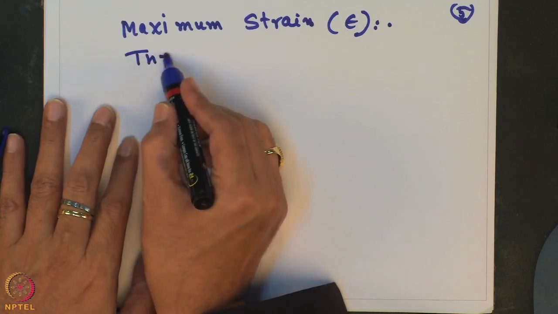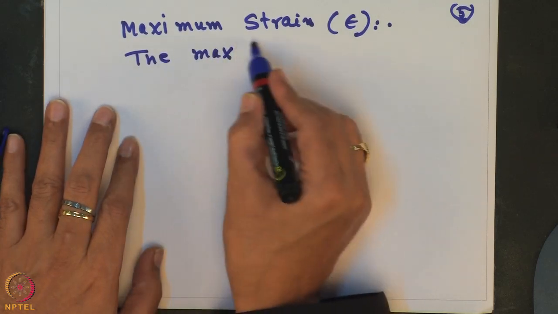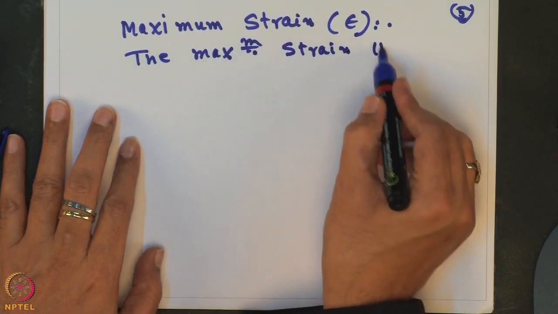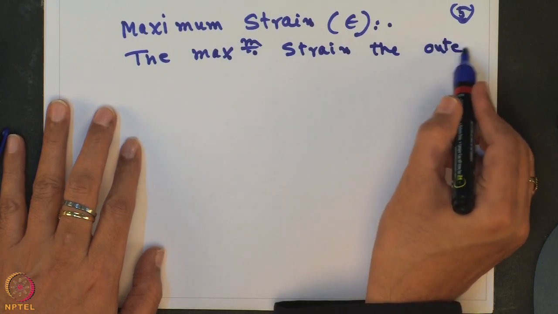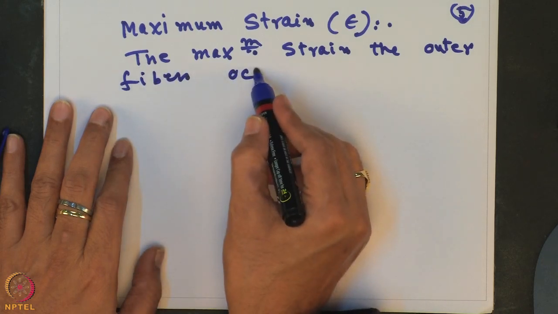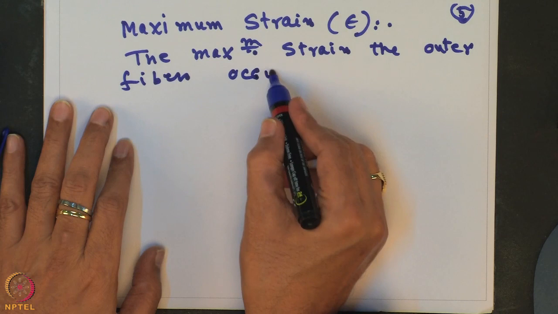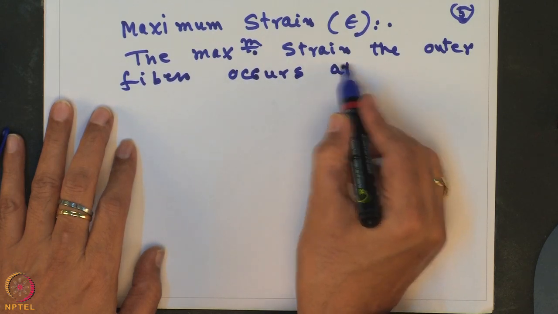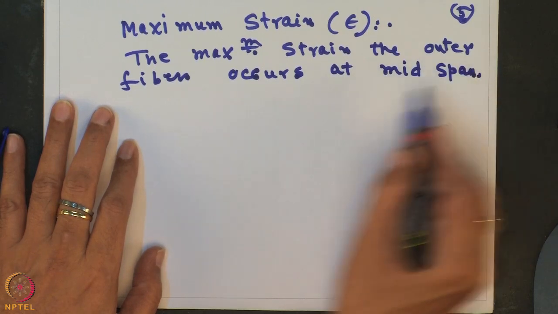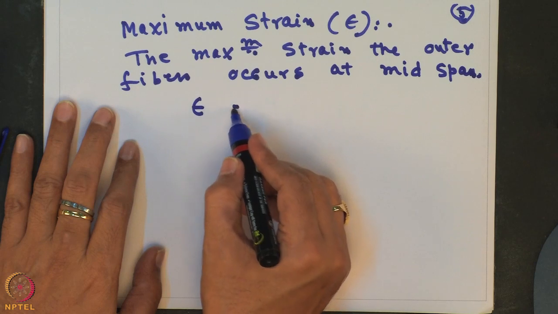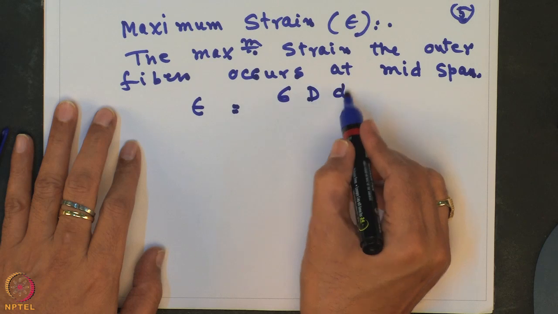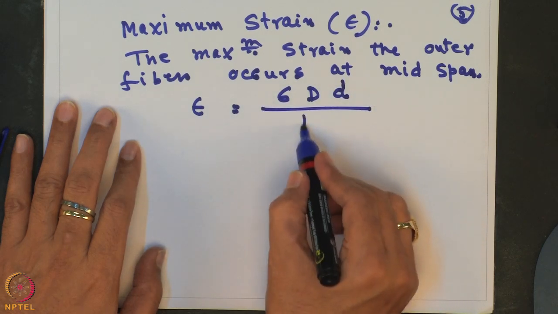So, the maximum strain in the outer fiber occurs at midspan. That means the maximum strain will be equal to 6 into capital D into small d divided by L square.